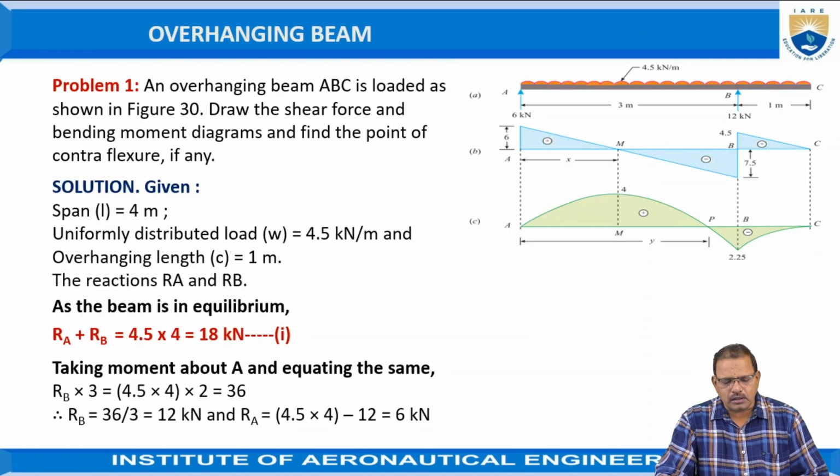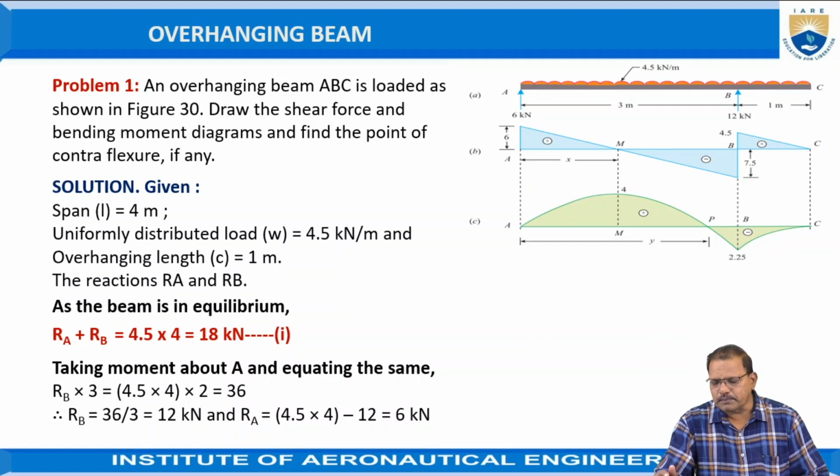Here, taking one example, an overhanging beam ABC is loaded as shown in the figure. Draw the shear force and bending moment diagrams and also find the point of contraflexure, if any.